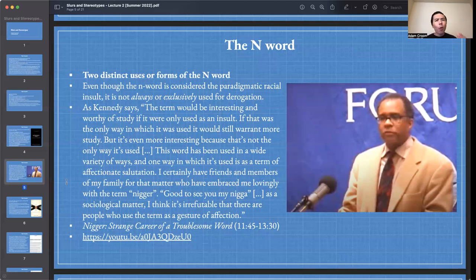Although it would be easier, for example, to just explain slurs as only having a derogatory usage. If I just want to say, well, slurs just always dehumanize, that makes my job as a linguist and cognitive scientist much easier. All I have to do is explain, well, slurs are used to hurt people. They're used as part of hate speech.